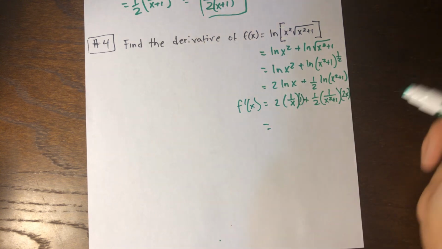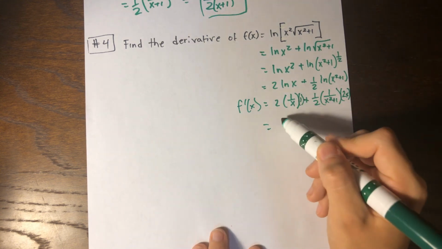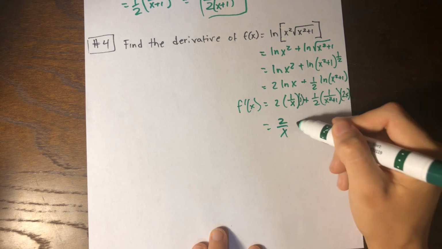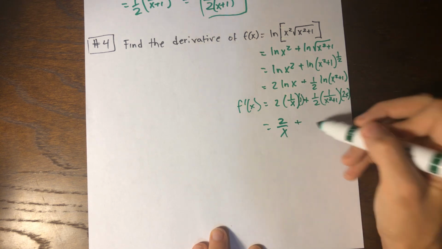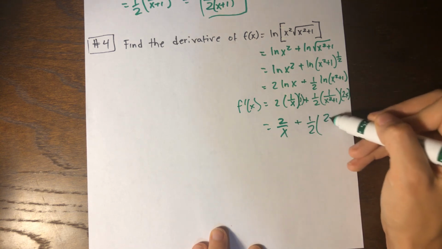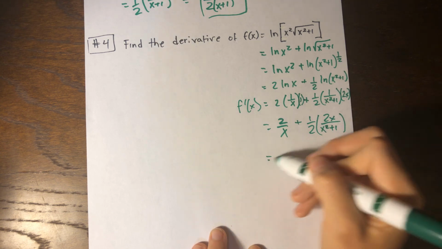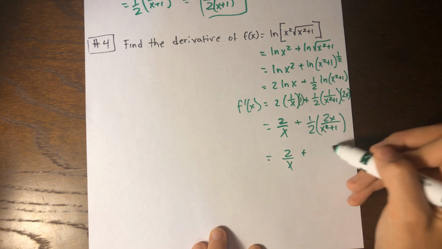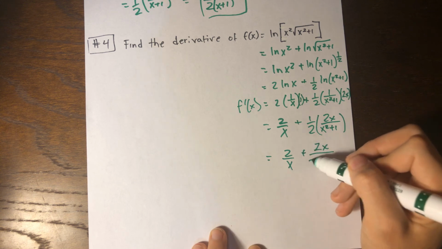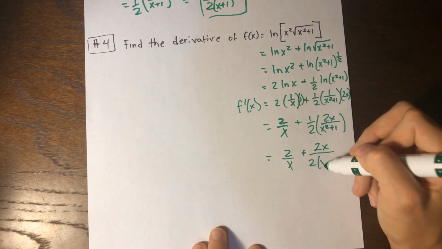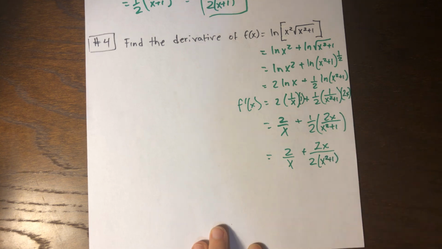Okay, so we multiply this across, so this is just 2 over x plus a half times 2x over x squared plus 1. So we have 2 over x plus 2x over 2 times x squared plus 1.